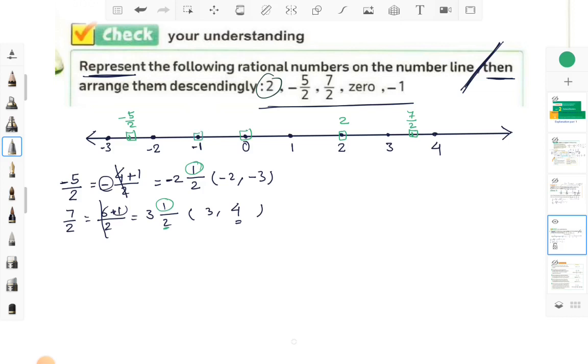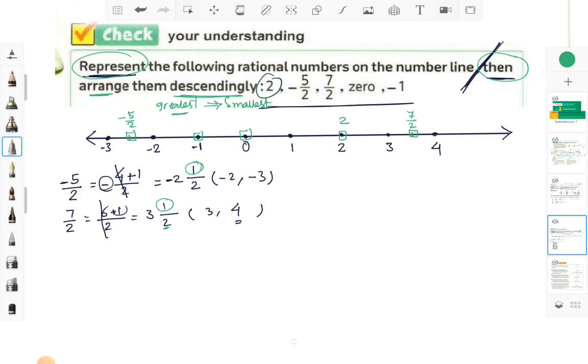Now we have already represented the rational numbers on the number line. Then we need to arrange them descendingly. Descendingly, it means from what to what? Descendingly, from the greatest to the smallest.